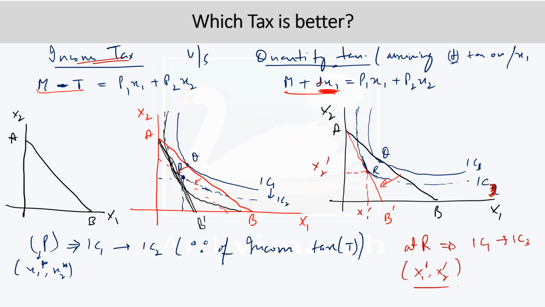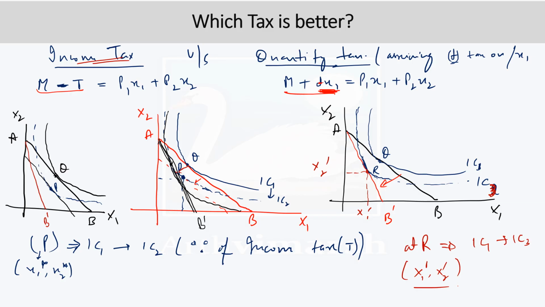This was the initial setup, right? This is, for example, point Q. When your income tax was imposed, you encountered a parallel shift, as a consequence of which your budget line also shifted inwards, and you had an optimum point of tangency here at point P. And finally, when you are again imposed with a tax in the form of quantity tax, in the latter case your budget line is rotating inwards to the point B prime.